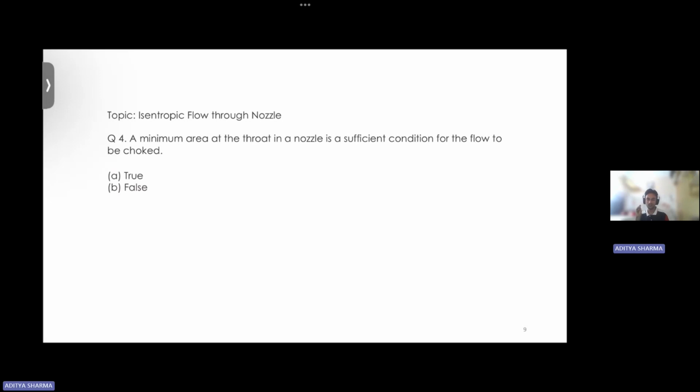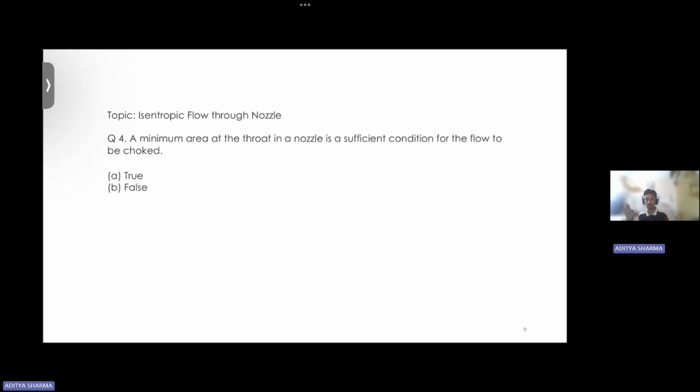So this statement is plainly false, because for the flow to be choked we need appropriate pressure ratios. At the reservoir we have some pressure, and at the back we have some pressure.